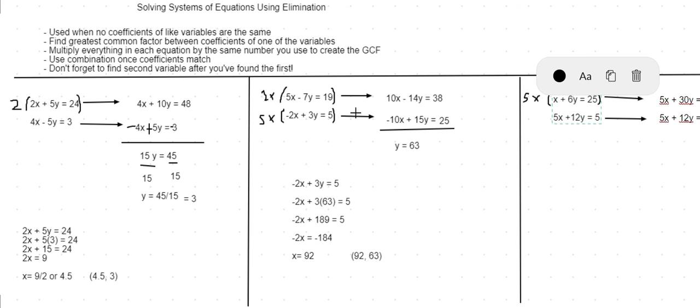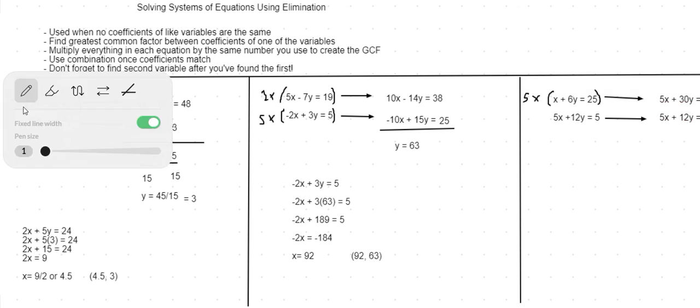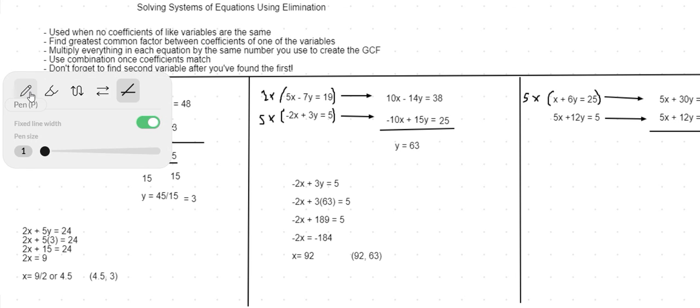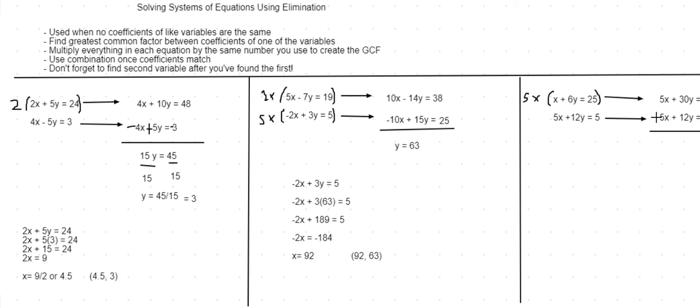And then what we would do here is we would get into the combination mode. So let me just draw my dividing line like we usually do here. And then we would go ahead and start combining here. So these are both the same number and same sign, so you got to subtract. That's going to be a minus. This is going to be a minus, and that's going to be a minus.